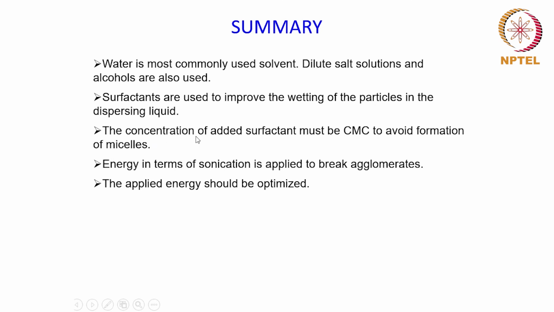And when the surfactants are added, you have to ensure that they are added in low concentrations, because if added in higher concentration, they can form aggregates known as micelles. And there is a particular concentration beyond which these micelles form, and this is known as the critical micelle concentration, or CMC. And therefore, the surfactant which is added in DLS suspension has to be below the CMC concentration.